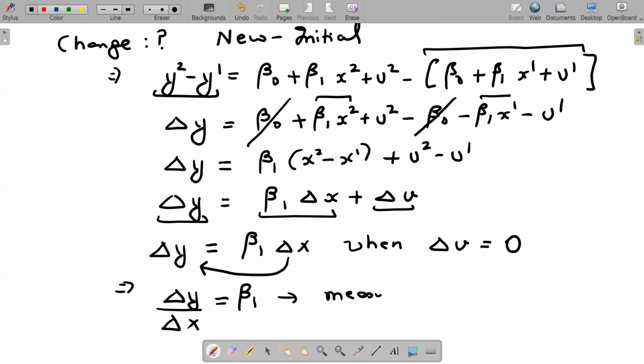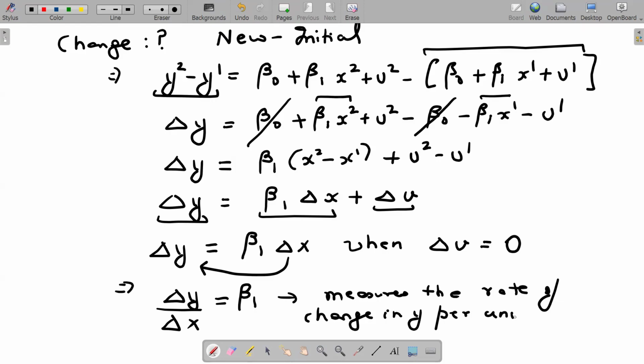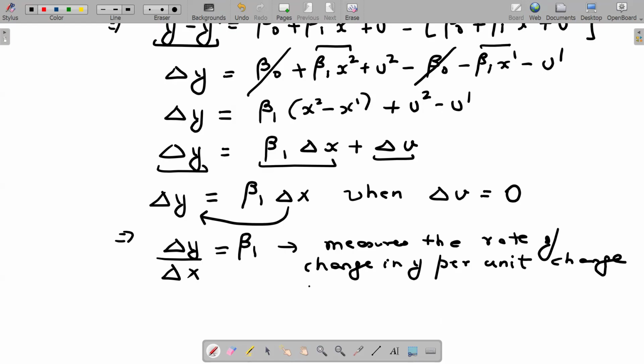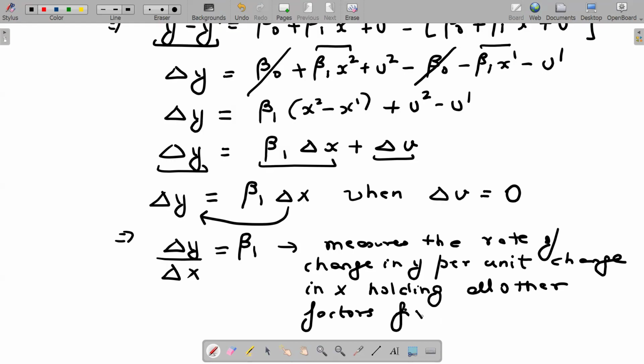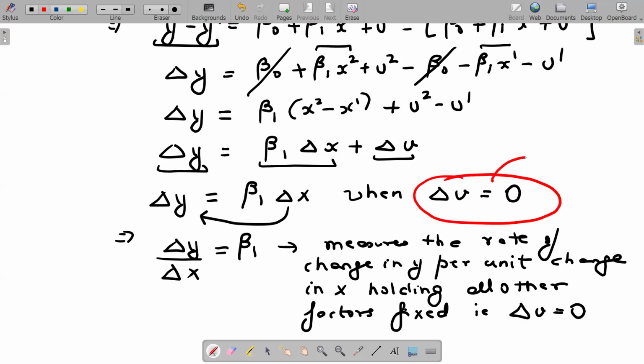It measures the rate of change in y per unit change in x, holding all other factors fixed. When I write all other factors fixed, it means that delta u is equal to 0. The moment I say that delta u is 0, it means that all other factors are constant, ceteris paribus.